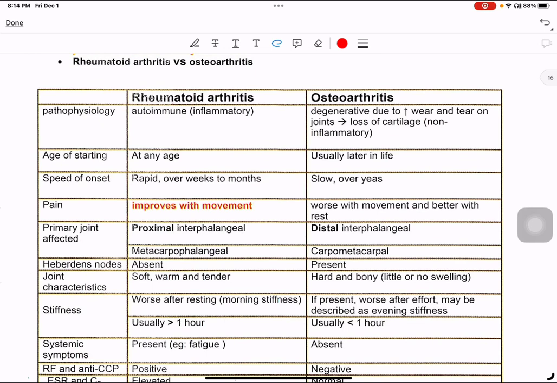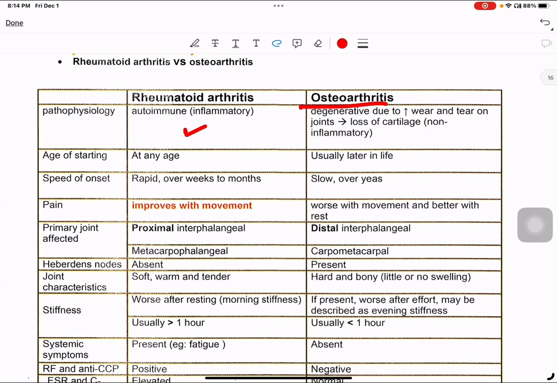In rheumatoid arthritis, the joint pain is inflammatory in nature, that is, pain occurs at rest and decreases with activity, while pain in osteoarthritis is mechanical in nature, that is, rest reduces pain and activity increases pain.